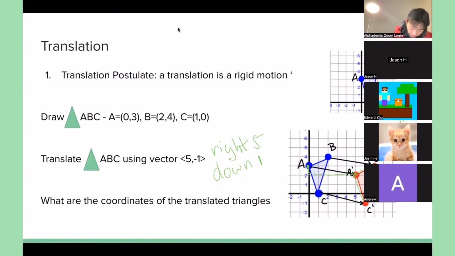Now we're just going to take a quick minute. Can you guys just type in the chat box what the new coordinates of the translated triangle are?